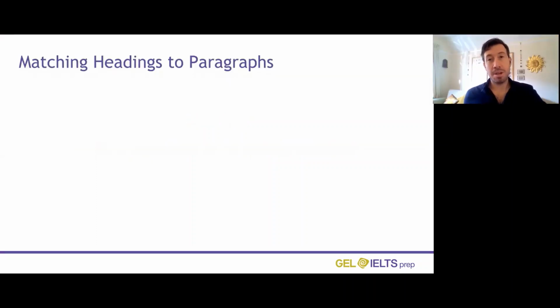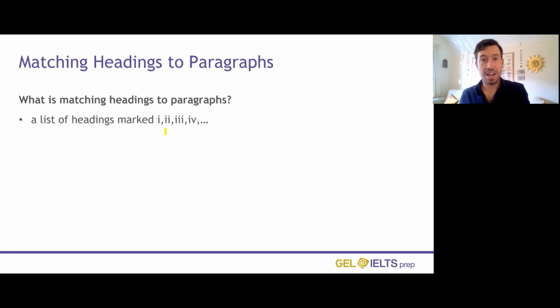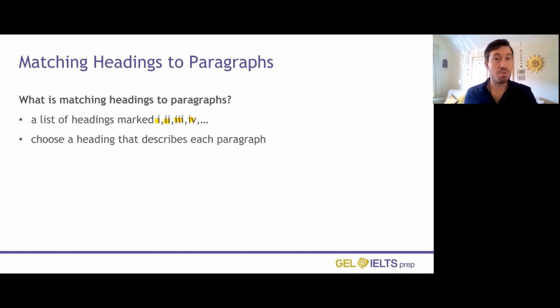So let's start by looking at what matching headings to paragraph questions involve. You start with a list of headings marked with Roman numerals like these: I, and IV, etc. And you have to match these to a paragraph.